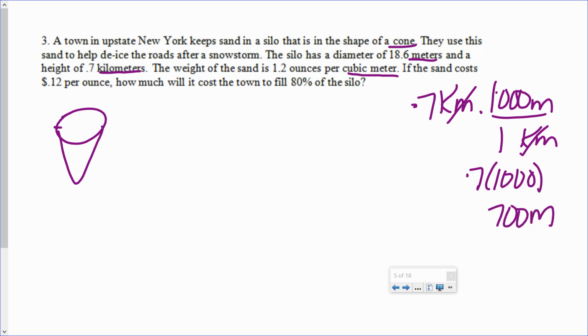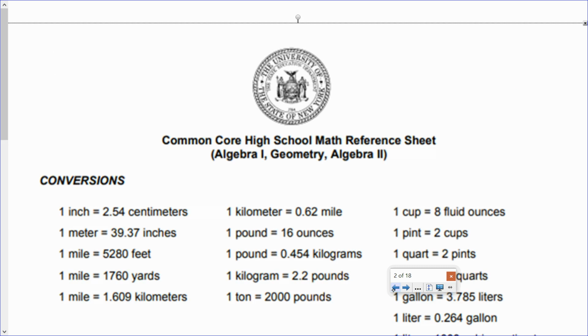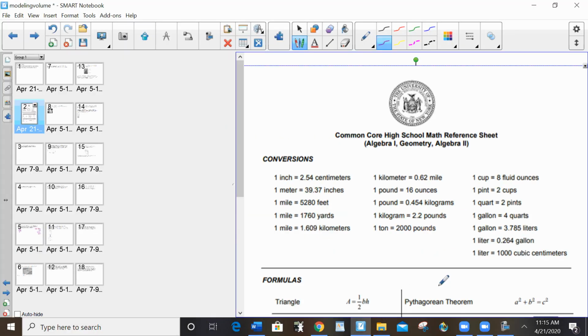So the diameter is 18.6. The height is 700. So my first step is to find the volume of a cone. I go to my reference sheet.